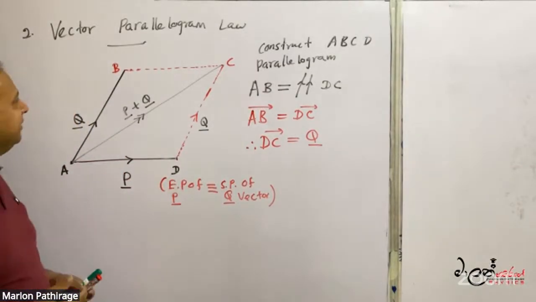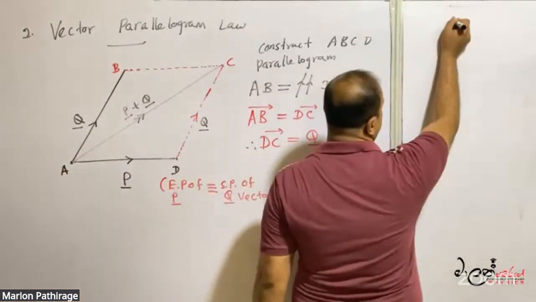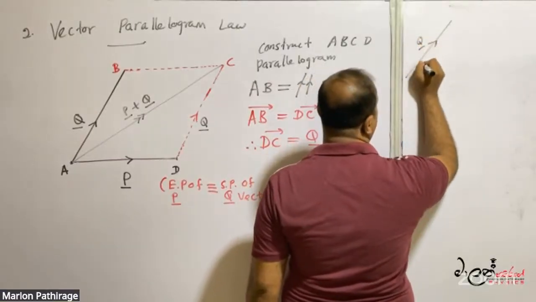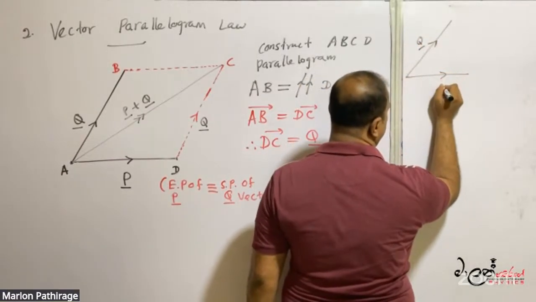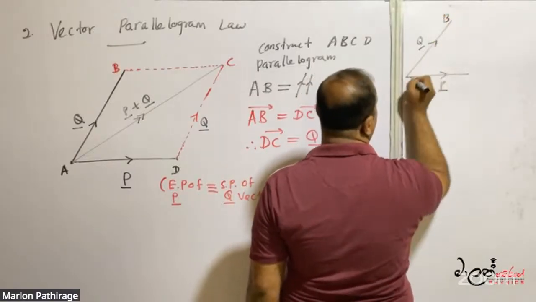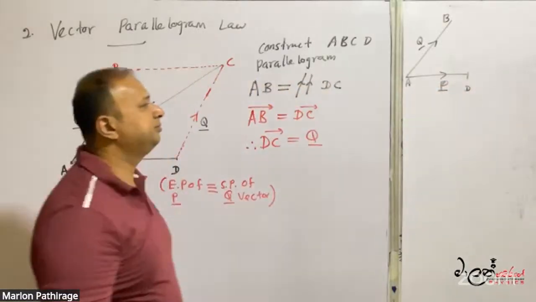Okay, then draw this one. This is Q vector. This is P vector. Here B, A, here D. Draw this one.